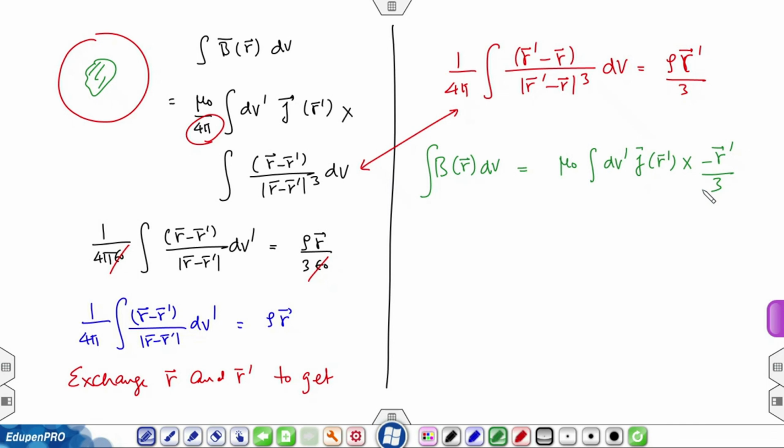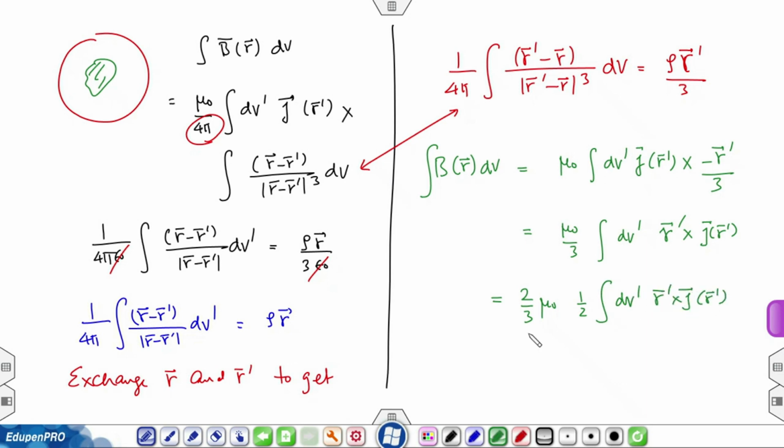The minus sign comes because the way I have written the integrals is (r prime minus r) over |r prime minus r| cubed dV, which is rho r prime by 3, and the integral I am interested in B dV is r minus r prime. This I can write as mu 0 over 3 integral dV prime r prime cross J(r prime), and that takes care of the negative sign, which I can write as 2/3 mu 0 times 1/2 integral dV prime r prime cross J(r prime), which is nothing but m.